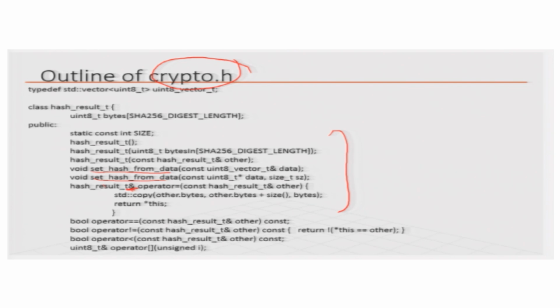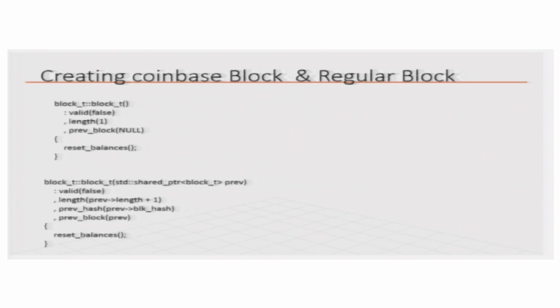This is the ampersand operator overloading, this is the comparison overloading, this is the not equal overloading, this is the less than overloading. And this is how you access a particular part of the hash result. Not all of them are required for this particular program, but this is how the hash result class is defined.